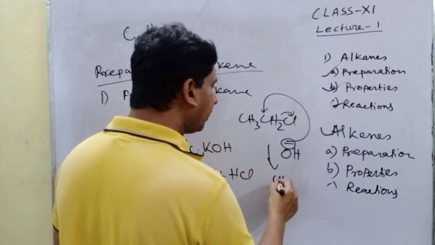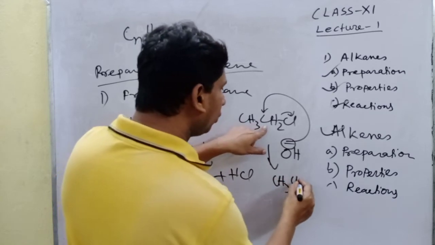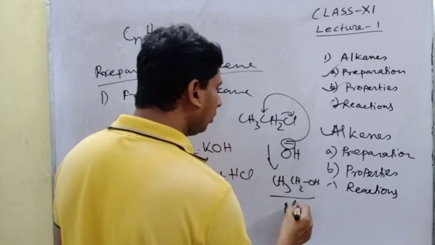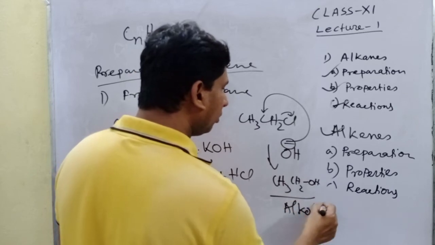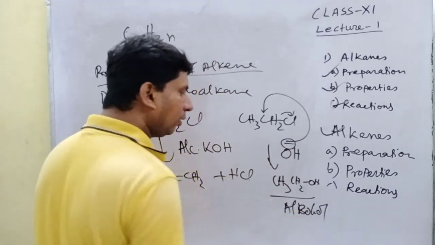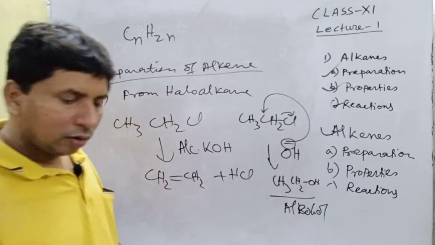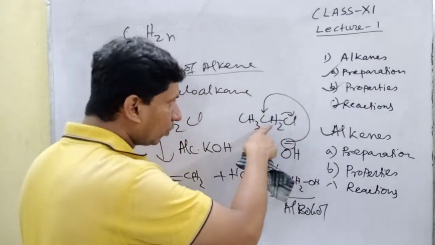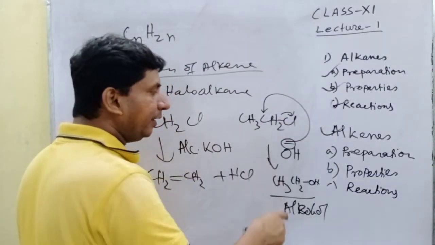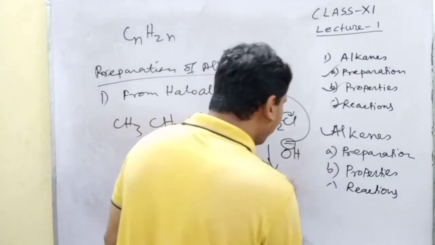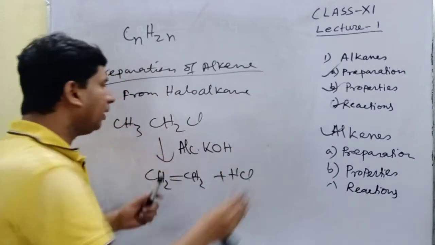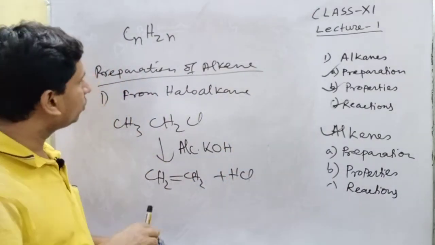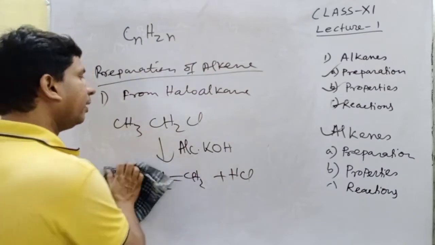That means we will get CH3 CH2 OH, that is alcohol. So by using aqueous KOH with the alkyl halide we get alcohol, but in the presence of alcoholic KOH we get alkene.